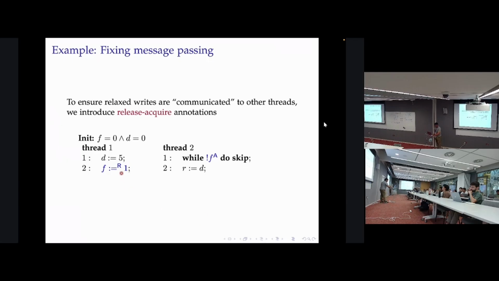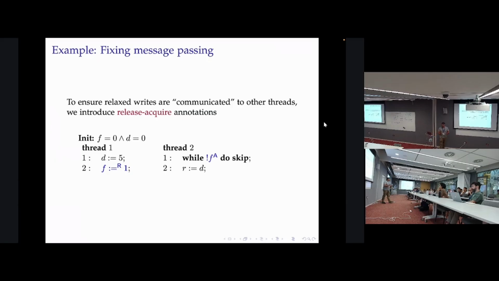One way to think about it is like a lock release and acquiring a lock. If I do this inside a critical section, and then this is the next critical section, surely I should be able to see stuff that happened before.